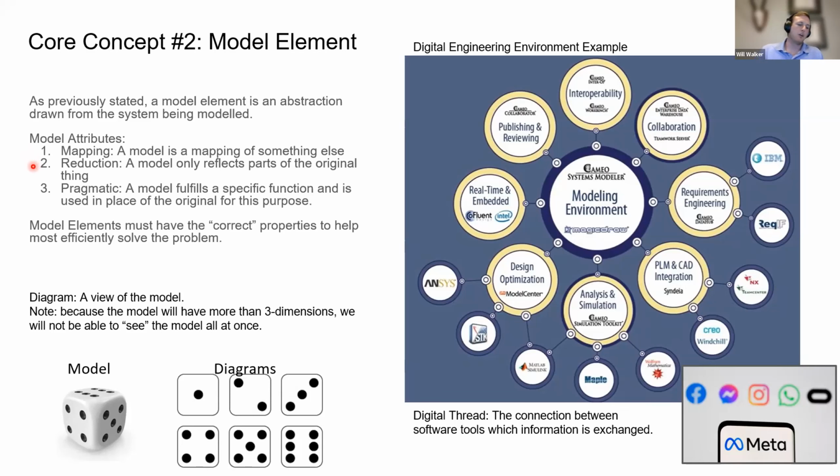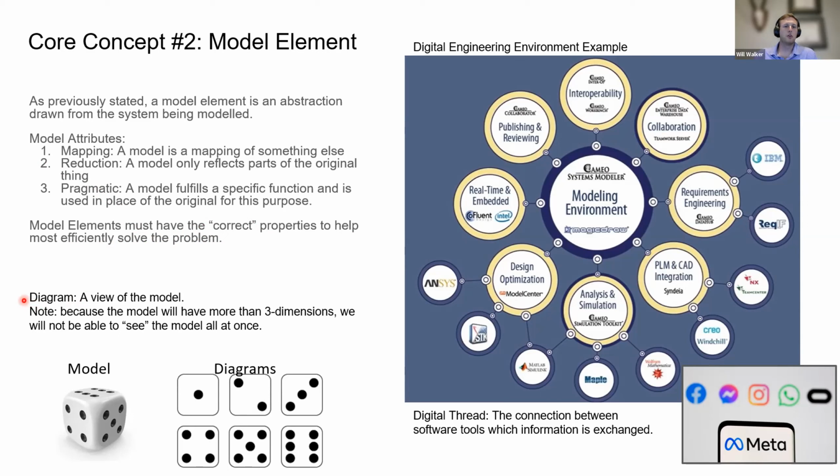You've got to figure out where you're trying to go, model with a purpose, and then model for that. So the model elements must have the correct properties to most efficiently solve the problem. Correct is in quotes here because you just want to go to the right amount of depth.